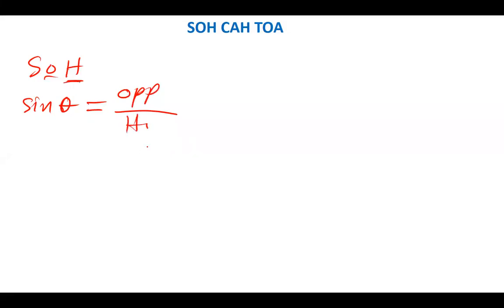Let us look at what is known as SOHCAHTOA. SOHCAHTOA is not a new term, I'm sure, for most of us. SOH stands for sine, S stands for sine theta. So sine theta is equal to the O, the opposite, over the H, the hypotenuse. Same applies to CAH.